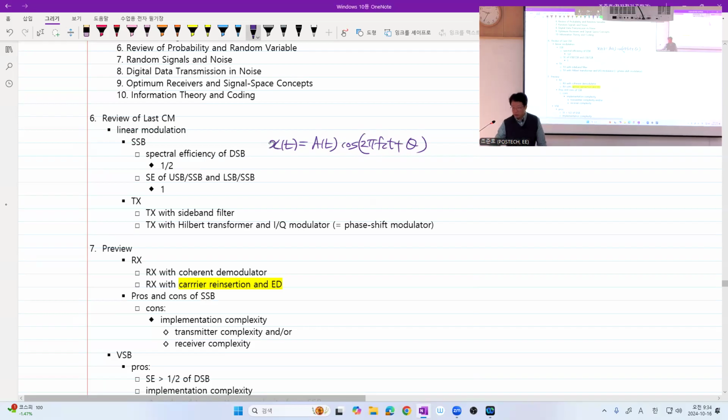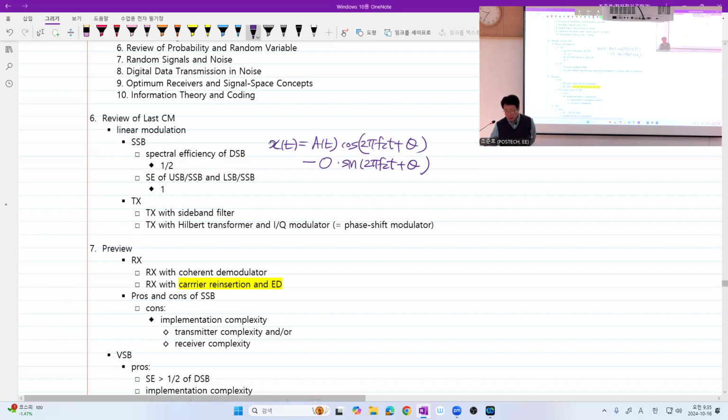Got it? So you have zero quadrature component, which means that you have 0 times sine of 2 pi fc t plus theta. Got it? So a general real valued bandpass signal has two components, in-phase component and the quadrature component.